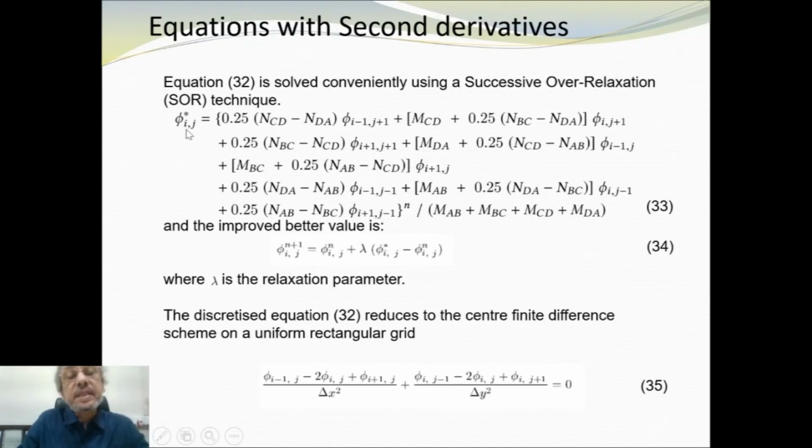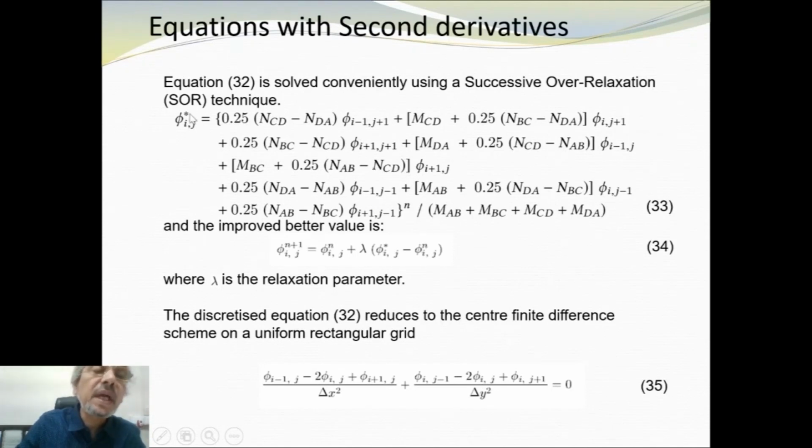In order to accelerate the calculation, we can then call phi ij n plus 1 equal to phi ij n plus lambda, where lambda is an over relaxation parameter, times phi ij star minus phi ij at nth level. So all phi values, ij minus 1, ij plus 1, I plus 1j, I minus 1j, are at nth level.